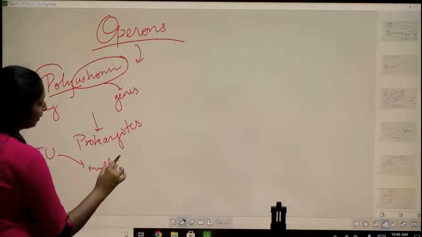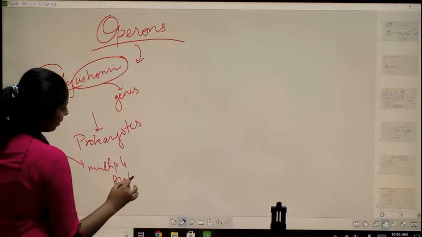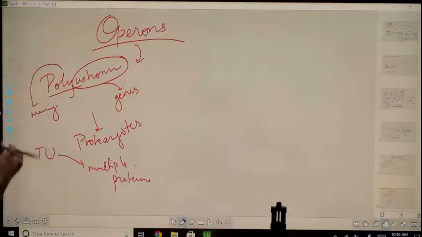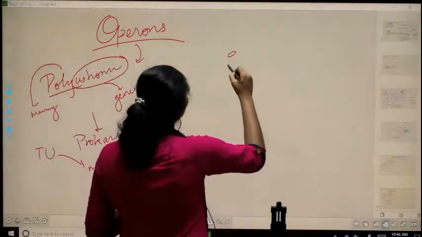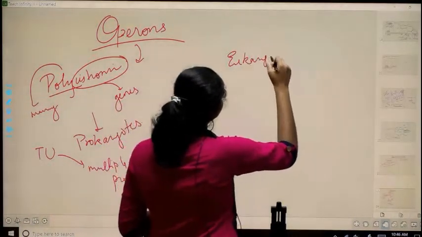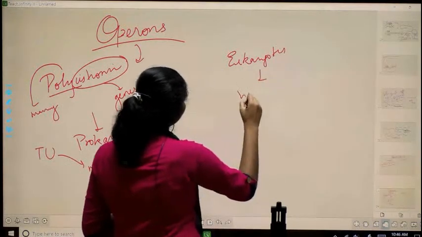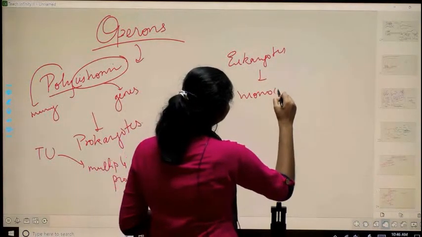Whereas in case of eukaryotes, each transcription unit has one structural gene. As a result, through the process of transcription and translation, we get just one polypeptide from one gene, right? So eukaryotes, they are monocistronic.